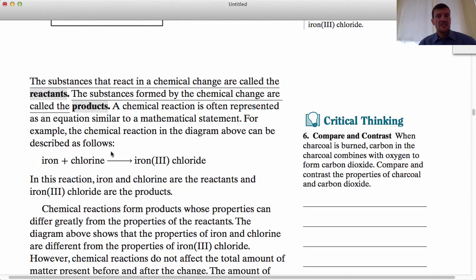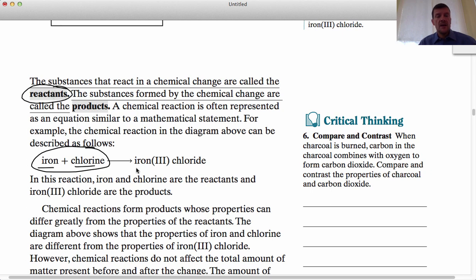Anytime we have a reaction, we want to identify what is involved in this reaction. The two compounds, or maybe they're elements that are combining together, or maybe it's being decomposed, but the things that you have before the reaction, those are called your reactants.